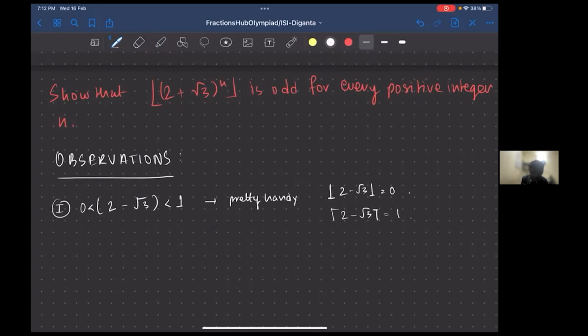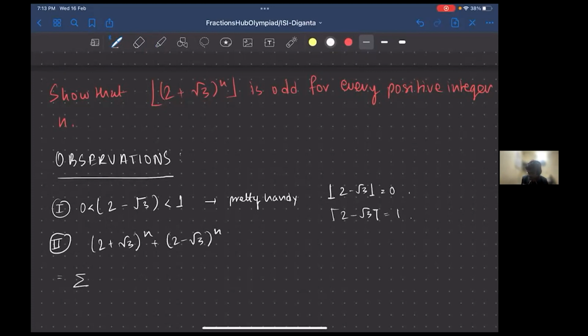So we go to the next observation. What happens when we sum this up? That is (2 plus root 3) whole to the power of n plus (2 minus root 3) whole power n. So we just expand this out.